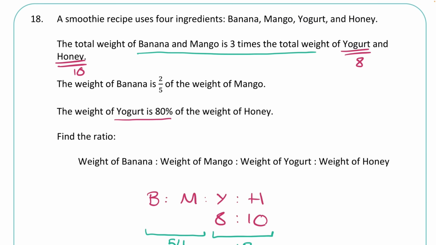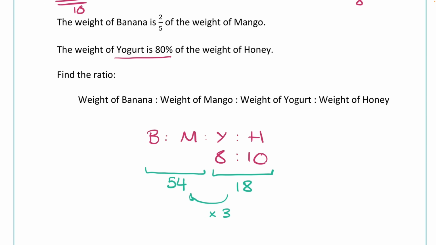It says that the weight of the banana is 2/5 the weight of the mango. Well, if we say that the mango is then 5/5, the banana is 2/5. So in total, looking at that 54, that is 7/5 of that weight. Again, just writing this down, if the banana is 2/5 of the weight, the mango is the full weight, which is 5/5 or 1 mango, and therefore it's 7/5 in total.